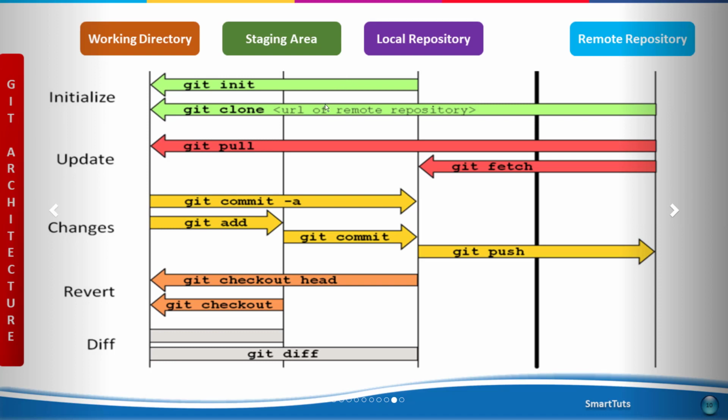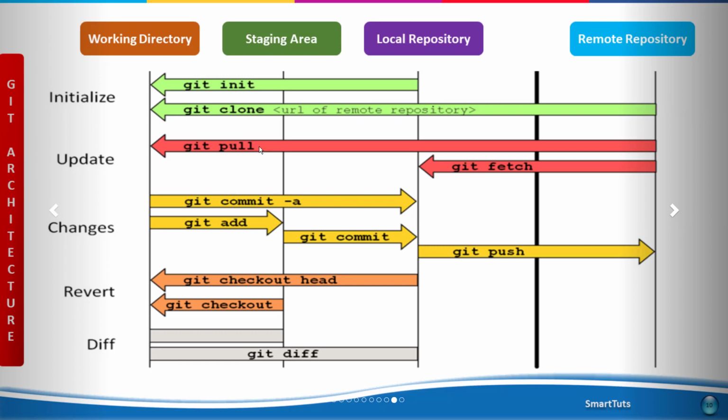Okay, git clone: it will just take a copy of everything from the remote repository. If you have a project inside your server, that is GitHub or a remote repository, then you can clone that project to your working directory first. You can use git clone or git pull, both commands will work.